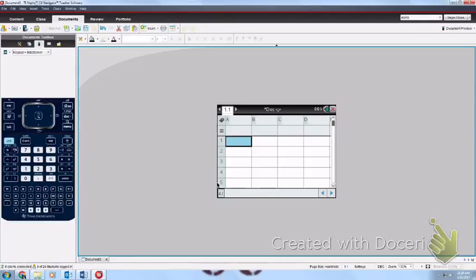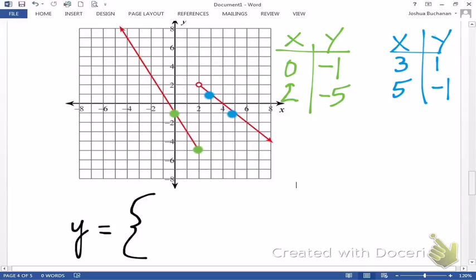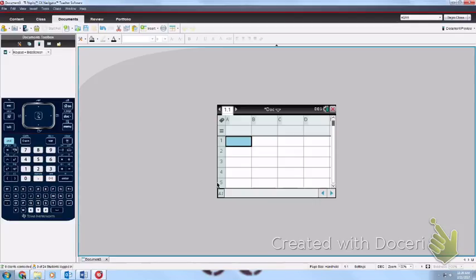So on your calculator, make sure you open up a new list. Our points were 0, negative 1, and 2, negative 5.